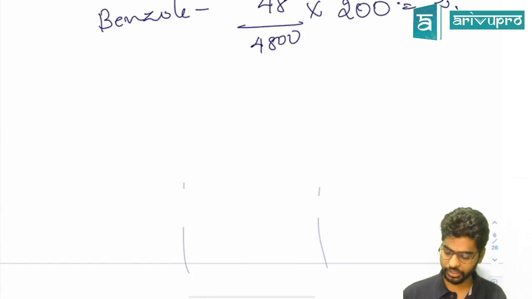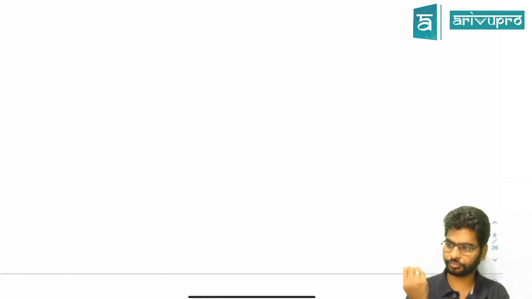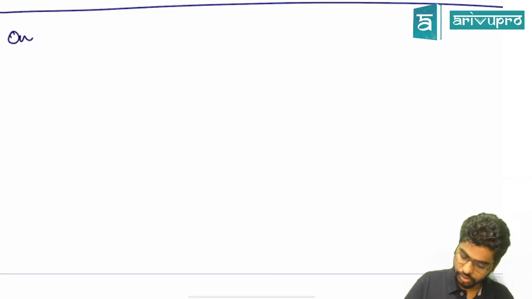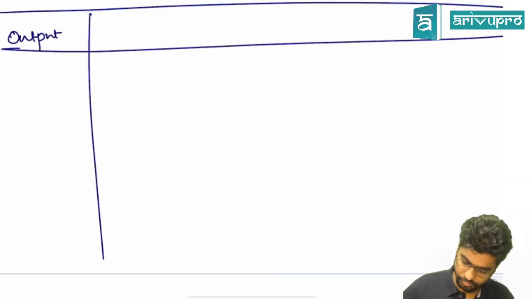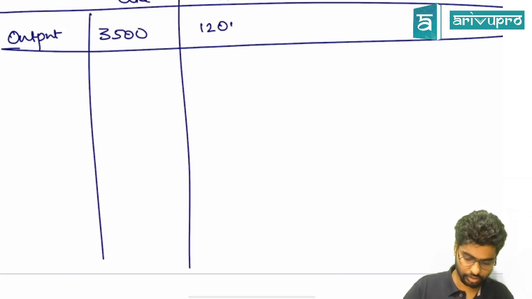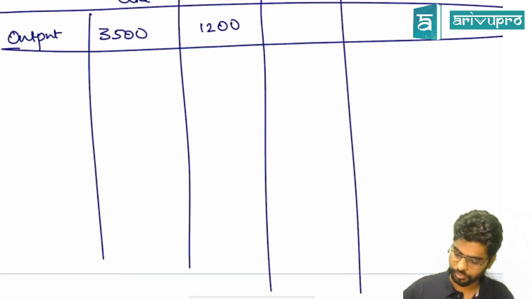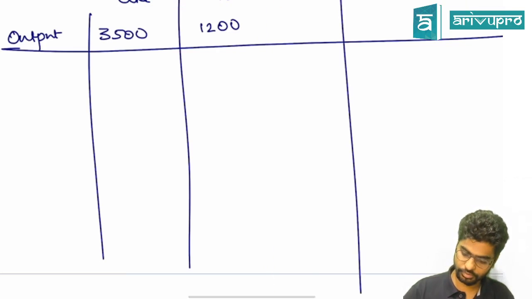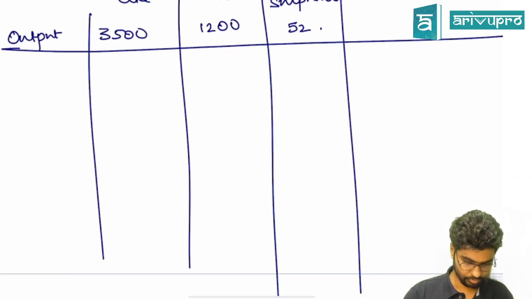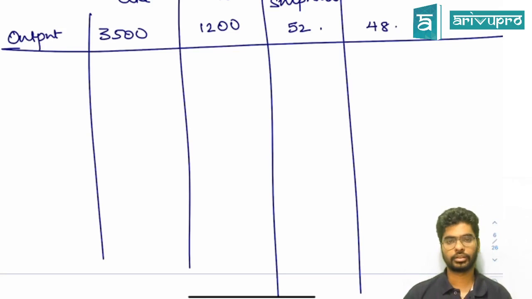Now see here how I do it. I have my output: coke, tar, sulphate, benzol.